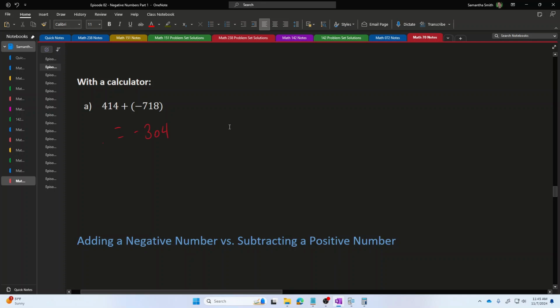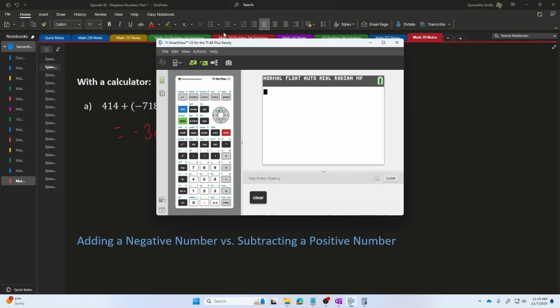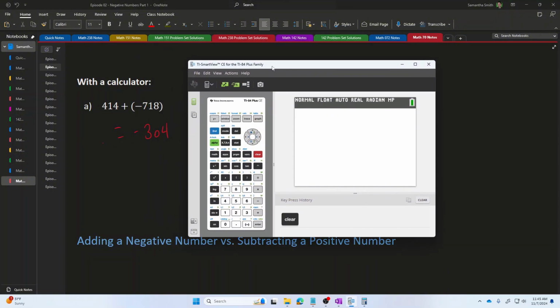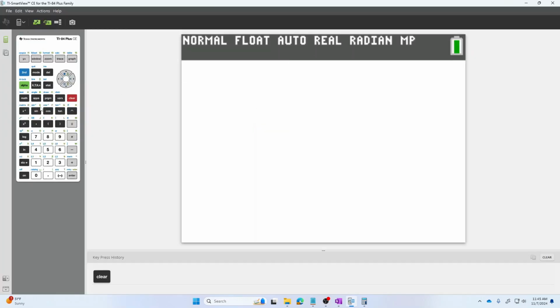Now let me also show you what this calculation looks like if you're using one of these old TI-83 or 84 calculators. On the TI-83-84 calculator, it's going to be almost the same as it was on the Windows calculator with two big differences. The first big difference is that the negate symbol is located in a different place.